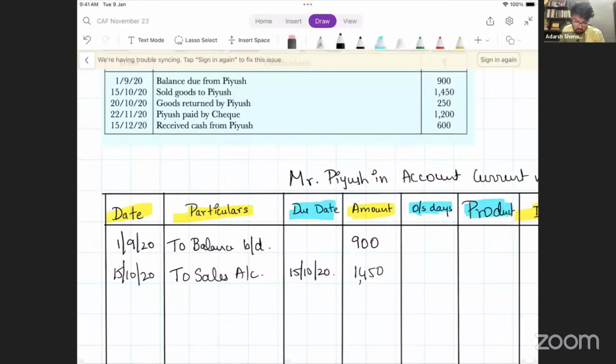Next, goods returned by Piyush. What do you mean by goods returned by Piyush? That is sales return. Piyush is returning the goods. What is the journal entry for sales return? Sales return account is debited and Piyush's account is credited.